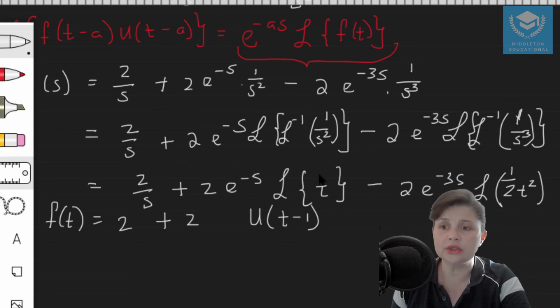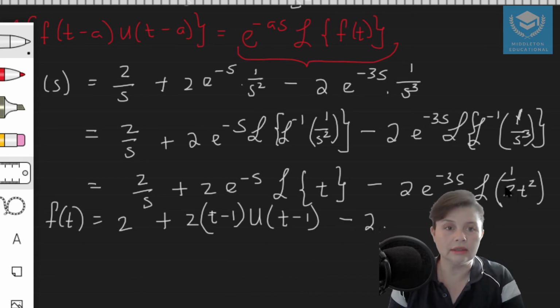The function that you're taking the transform of is t, together with the shift is going to make it t minus 1.